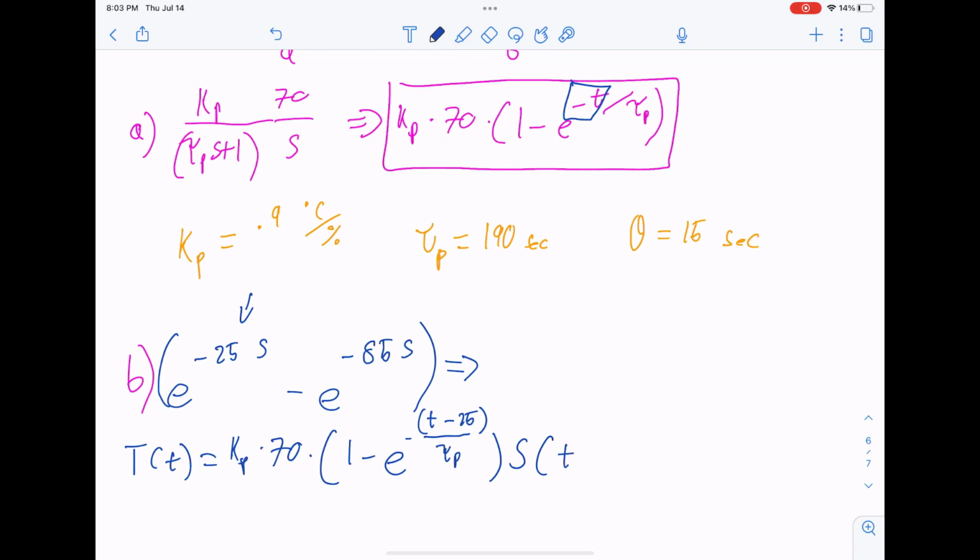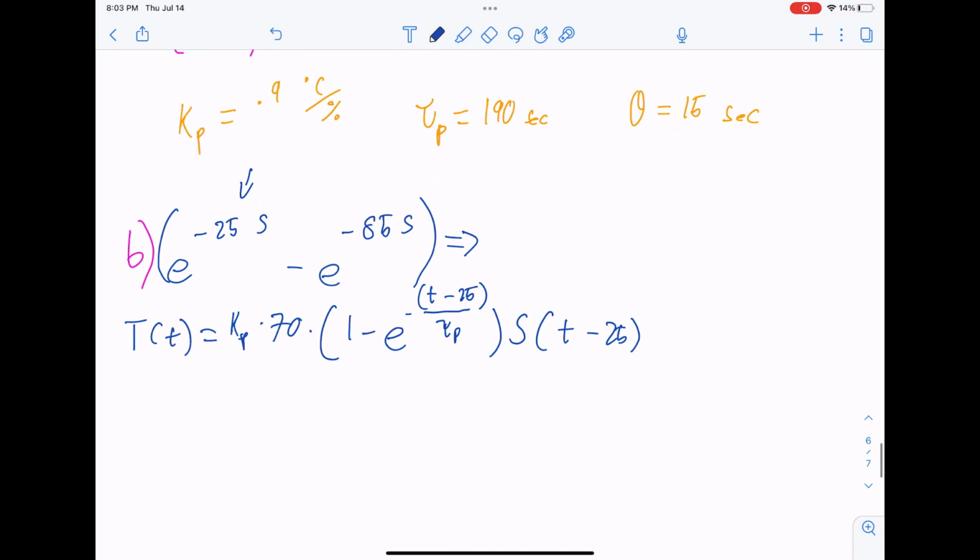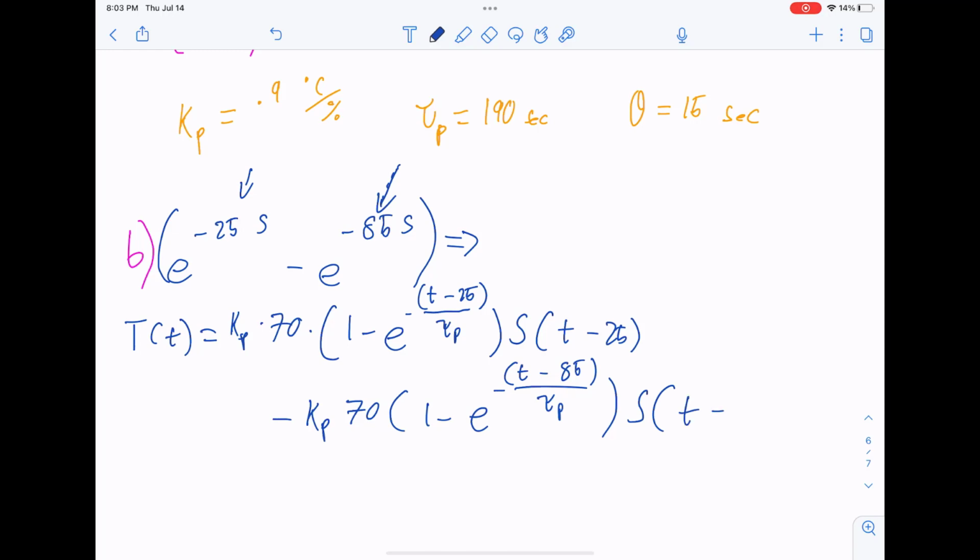And then we have our step function, t minus 25. Then we have this second portion, and because there's that minus sign, we need a minus sign. So minus Kp times 70, 1 minus e to the negative t minus 85 over tau p. And again, that's in parentheses just to make it extra clear. Step function, t minus 85. So there we have it.